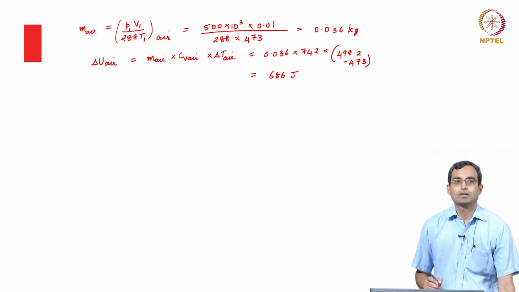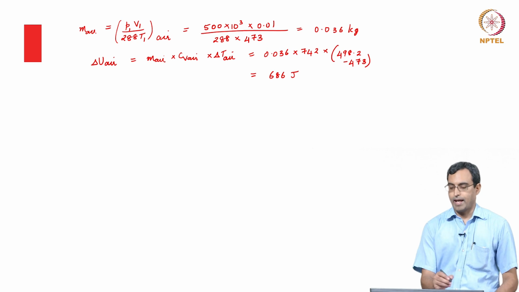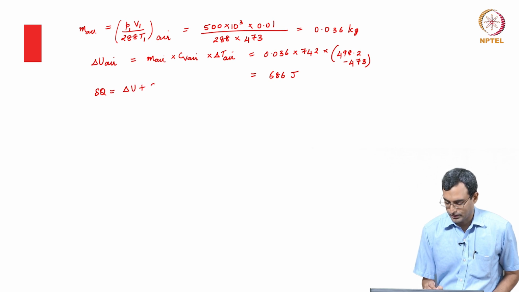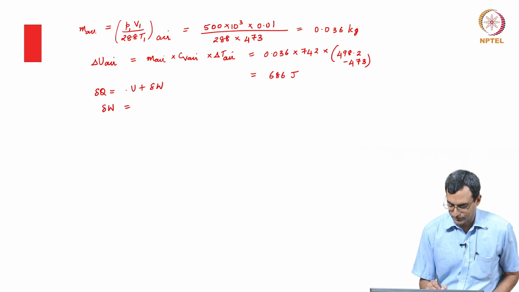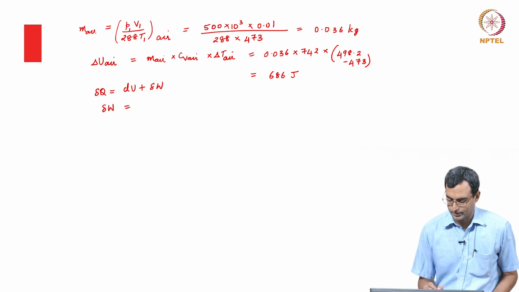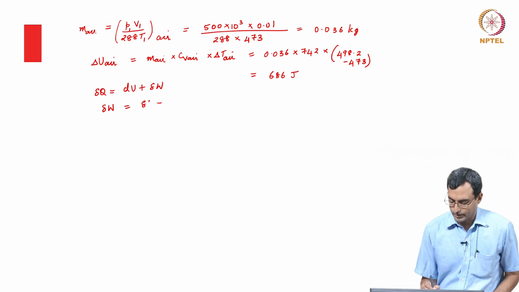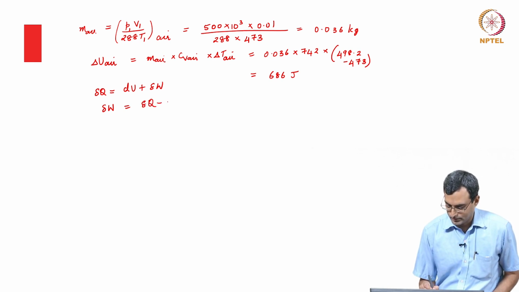Now, from the first law for this air, what we see is delQ is delta U plus delW. What we want is delW, sorry, if I am writing in terms of del, I should write this as d. So, what I want is this, which is essentially delQ minus dU.